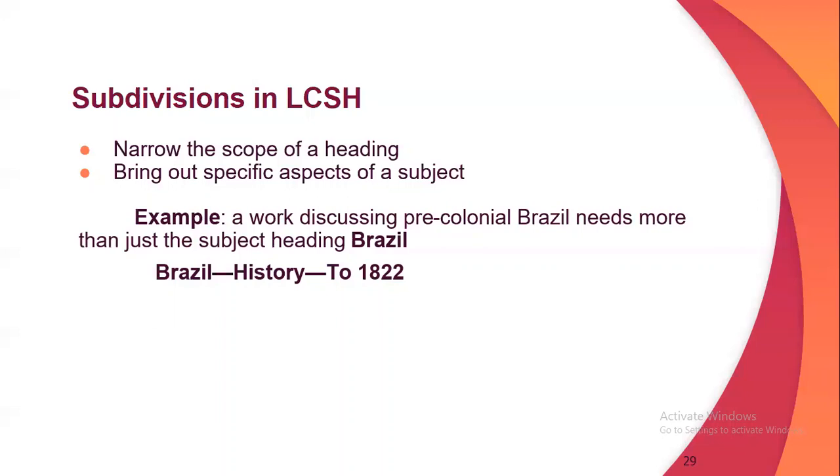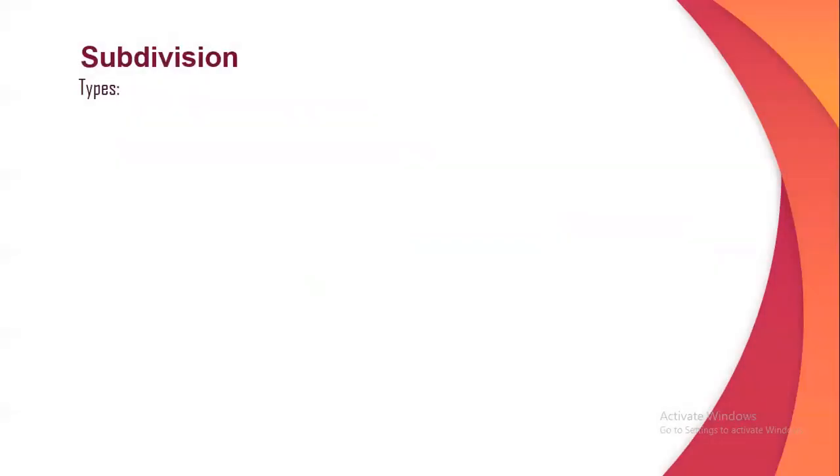So assign a more specific subject heading, Brazil, History, to 1822, to the work. It allows the work to be collocated with other works about the same time period. This is also an example of pre-coordination. The established heading pulls together the various elements rather than having the searcher combine terms, which is called post-coordination. Then the subdivisions may themselves be subdivided.